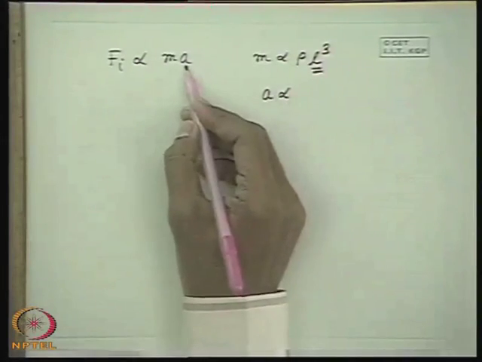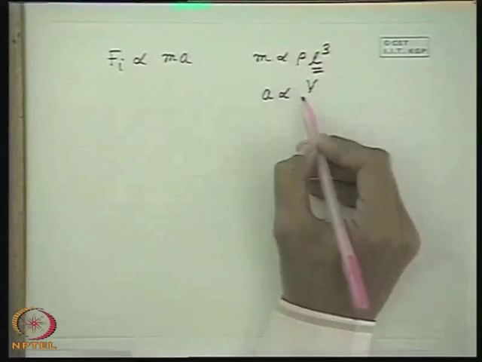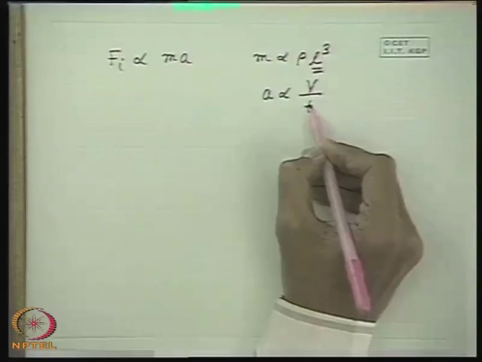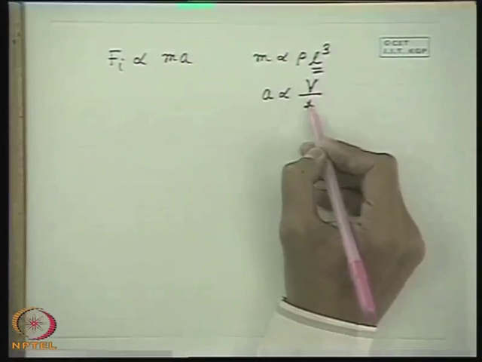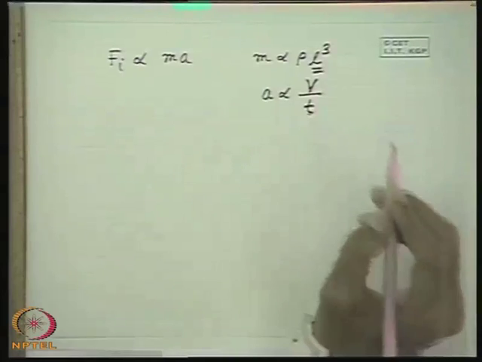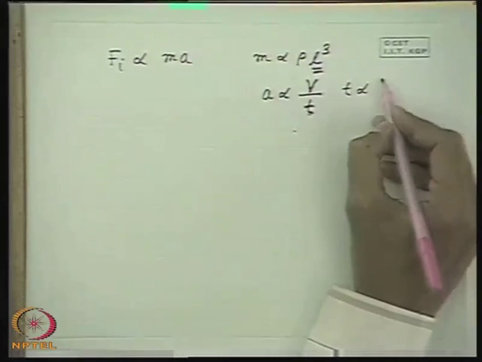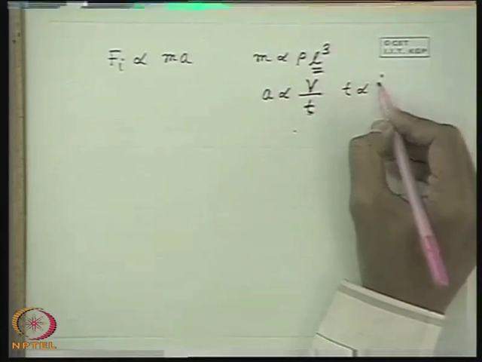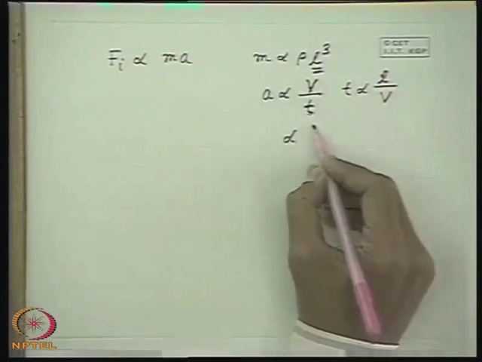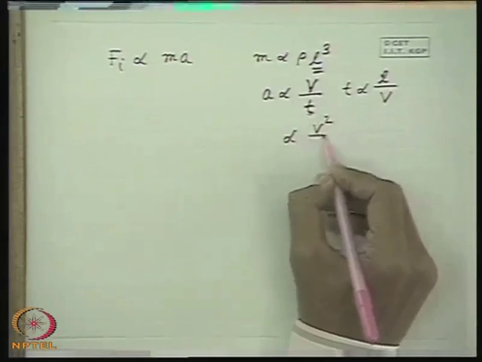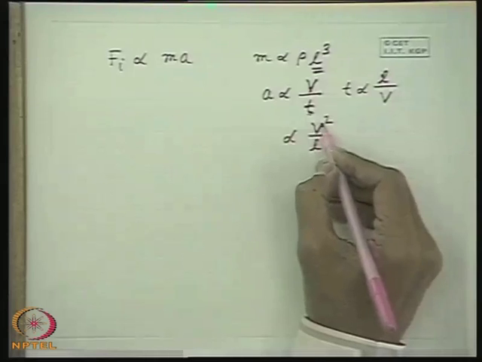So acceleration is proportional to what? It is the rate of change of velocity. That means it will be proportional to some characteristic velocity of the problem divided by some characteristic interval of time. And the characteristic time will be again proportional to the characteristic length of the problem divided by the characteristic velocity. So we can say that acceleration is proportional to v square by L. Obviously we have seen this earlier also, v dv/dx.